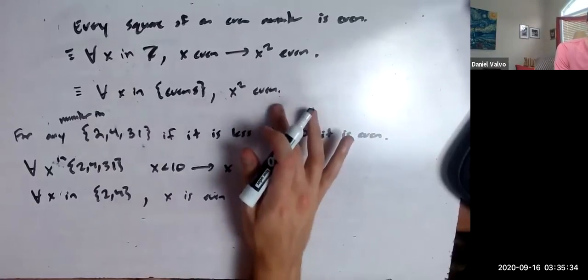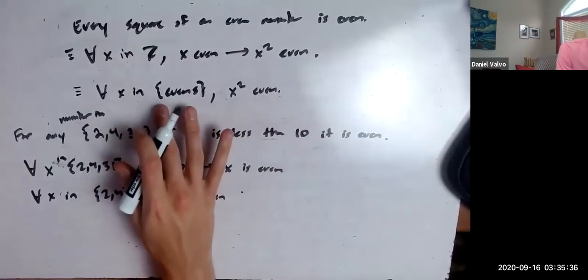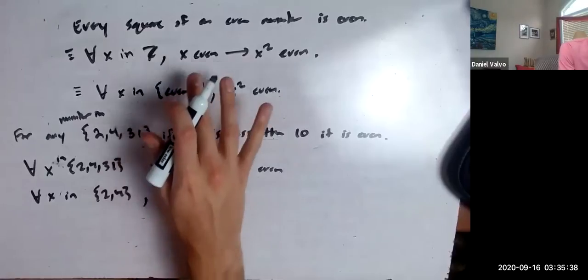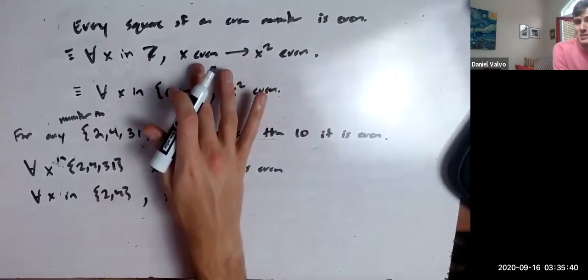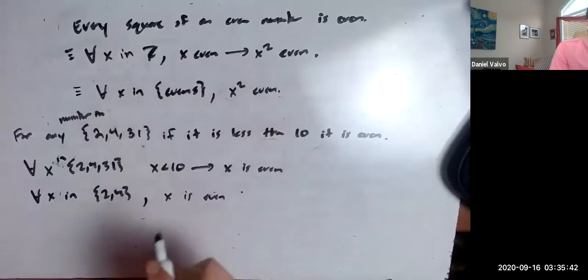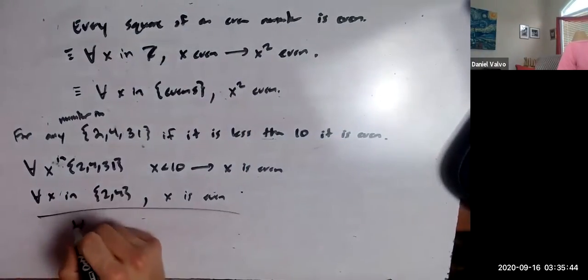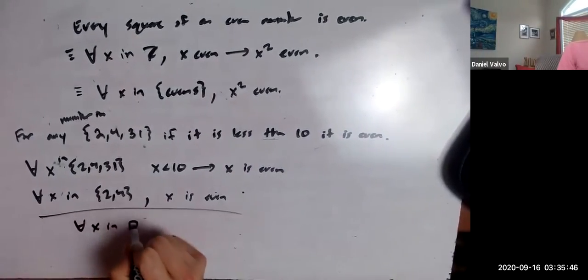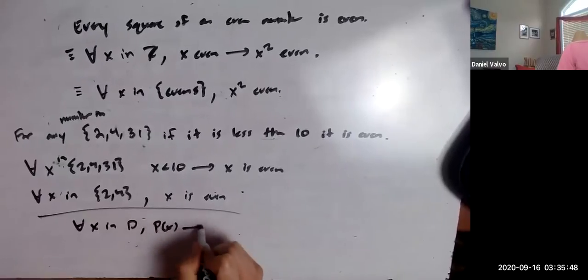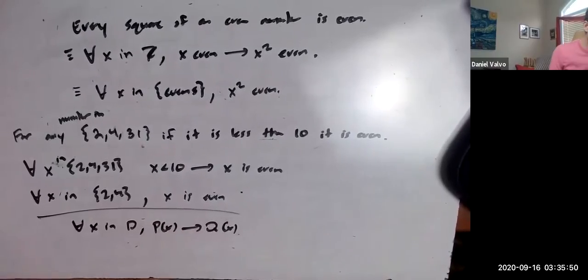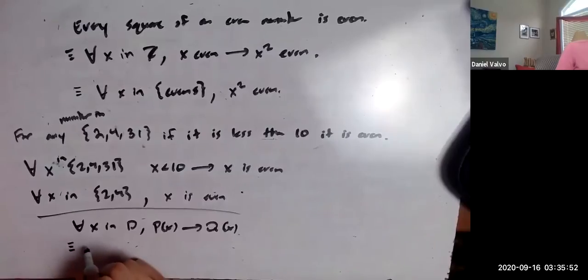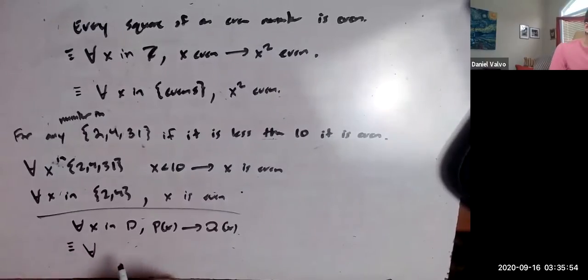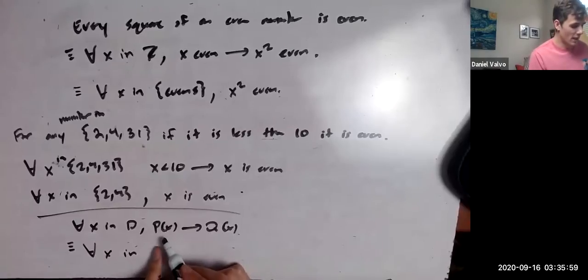if you change your domain to be just the places where the hypothesis is true. So if you have for all x in D, P of x implies Q of x, this is equivalent to for all x in, so I want to say what here?